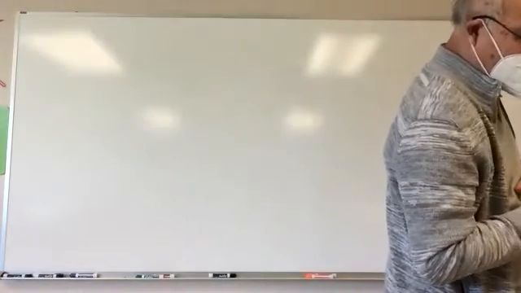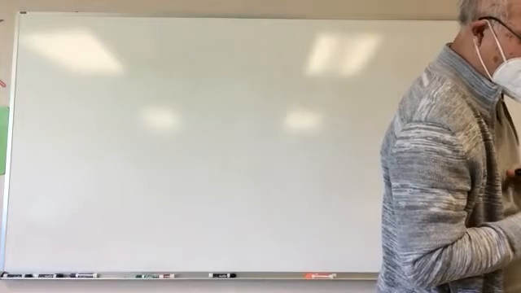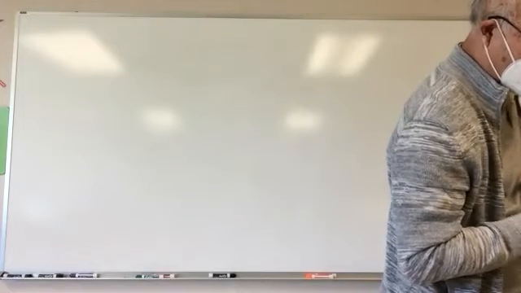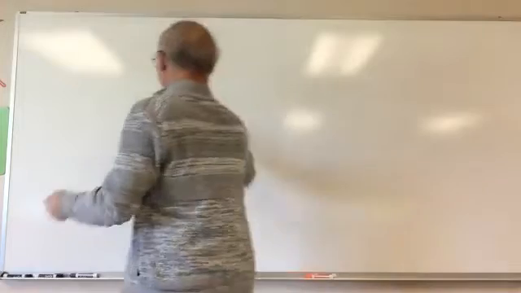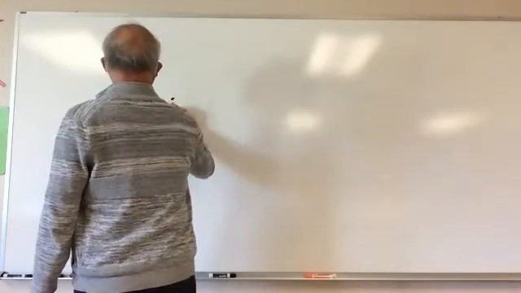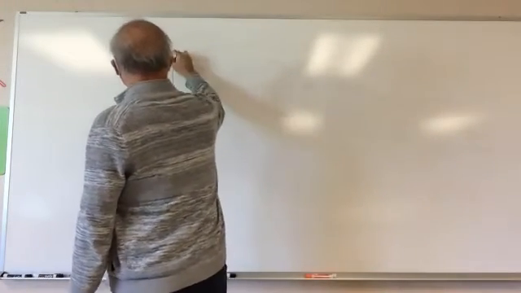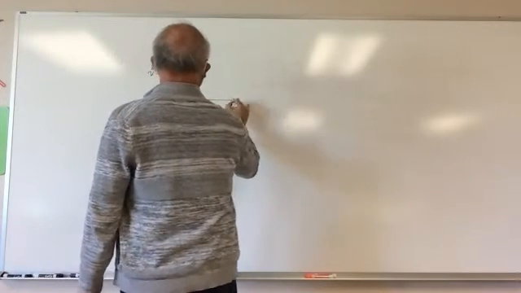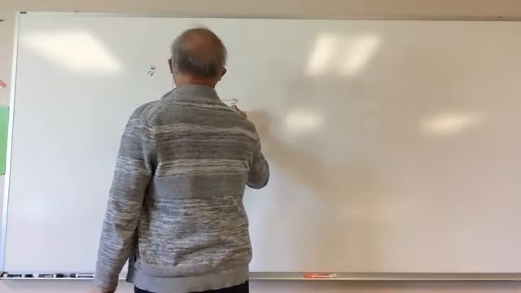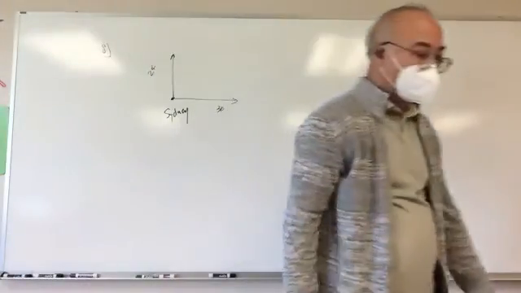Two ships sail from Sydney, one going north at 24 knots, the other going east at 30 knots. So we'll call this Sydney. We're going north at 24 knots, and we're going this way at 30 knots. One's going north, one's going east, right?